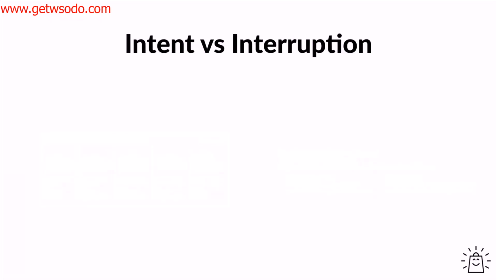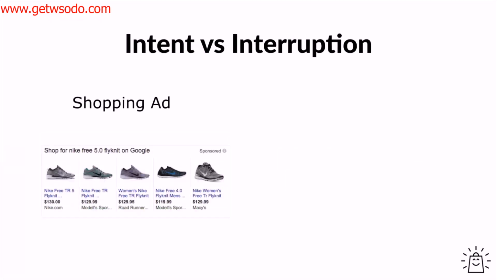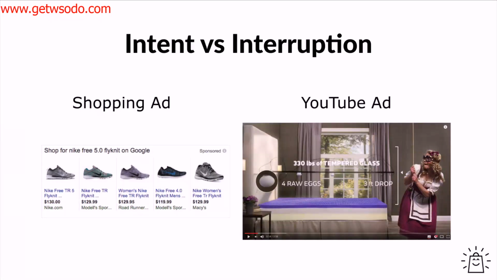So show versus tell. Second is intent versus interruption. On the left, you can see a shopping ad. So this ad will appear if somebody's looking for, I don't know, Nike shoes or running shoes or something. So this person is actively searching for this product or related things to that product. On the right, you can see a YouTube ad.